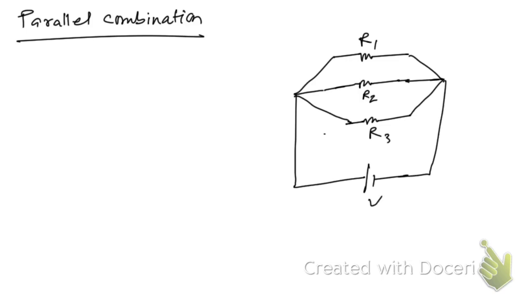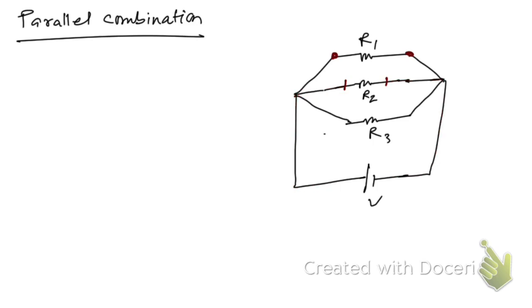So here you can see, let me use another ink, the end points of these two are connected directly to the positive and negative terminals of this battery. Similarly, the end points of this resistor are also connected to this battery.